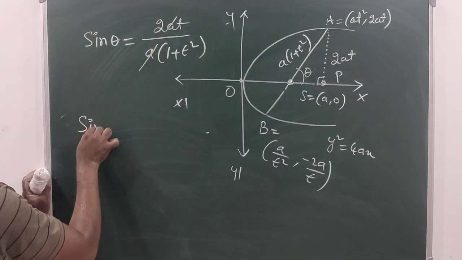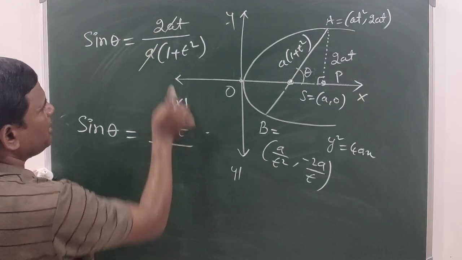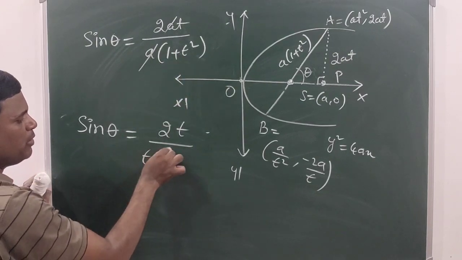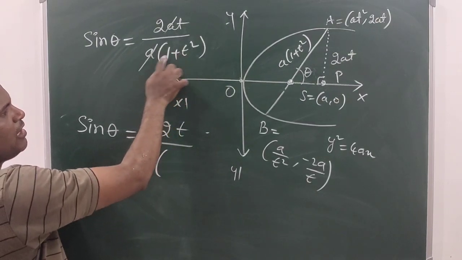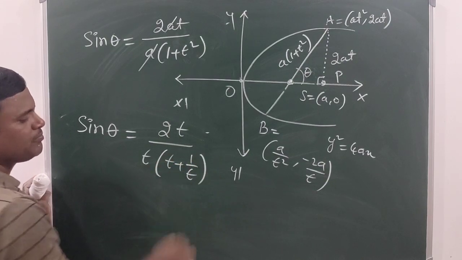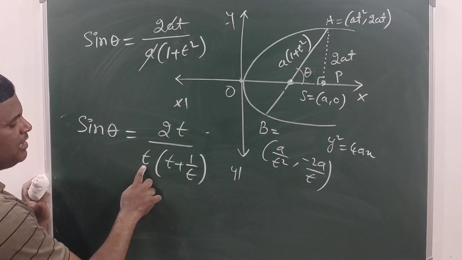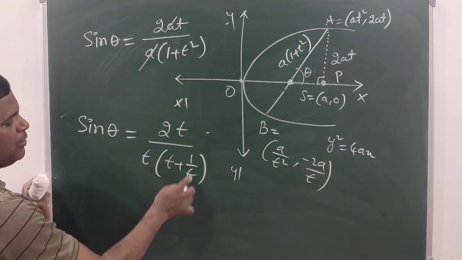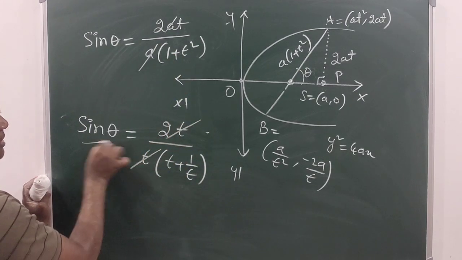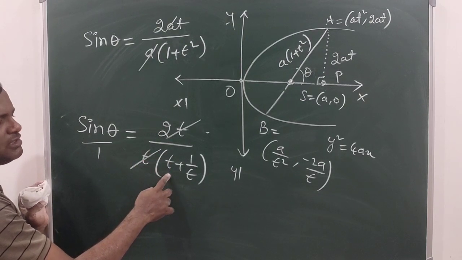So now sine theta is equal to 2t by 1 plus t square. But from the denominator, I would like to take t common. When you take t common from these two, here you will get t plus 1 by t. Am I right? If you want, again send t inside: t into t square, and t into this, t cancels, 1 will come. So here t cancels. What is left? Sin theta is equal to 2 by t plus 1 by t.